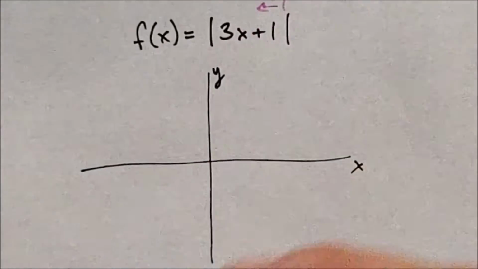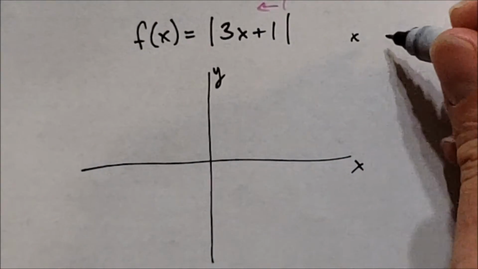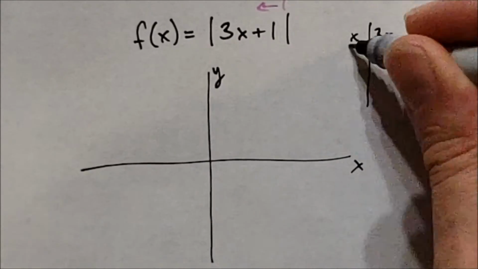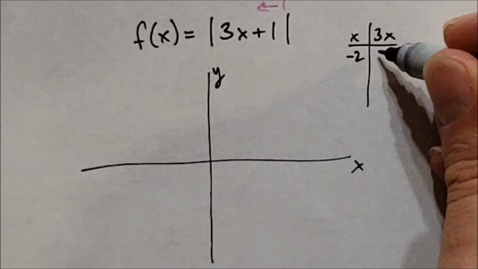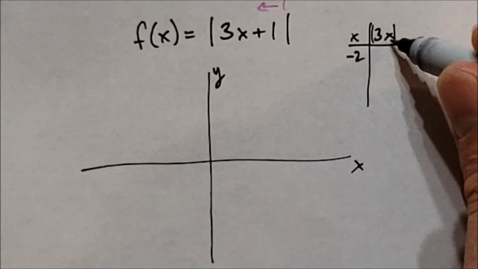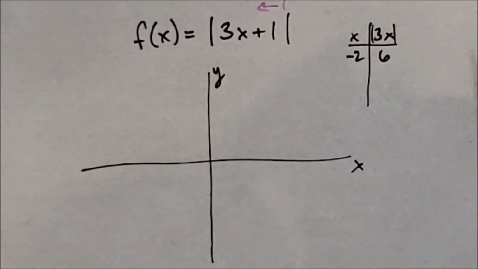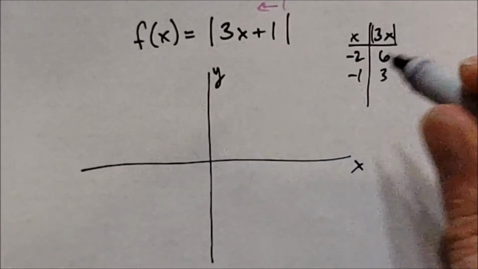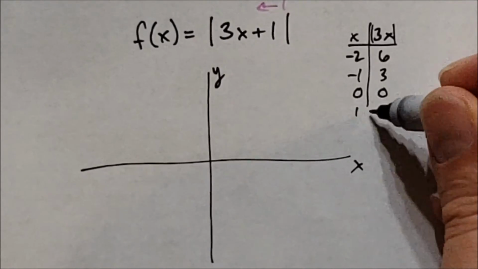Now, if we looked at an xy table again of this, if we have x and let's just say 3x, -2 is going to be, well, the absolute value of 3x. -2 times 3 is -6. The absolute value of that is +6. -1 is going to be a +3. 0 is going to be 0. 1 is going to be 3, and so on.